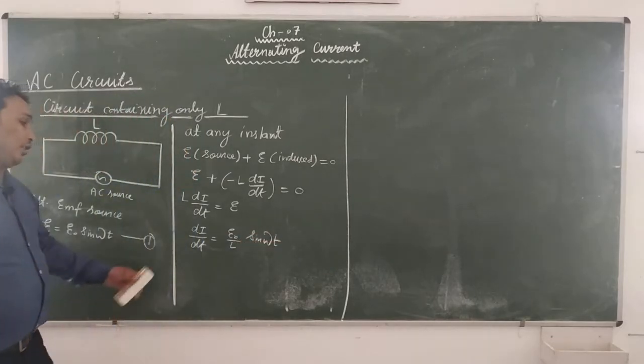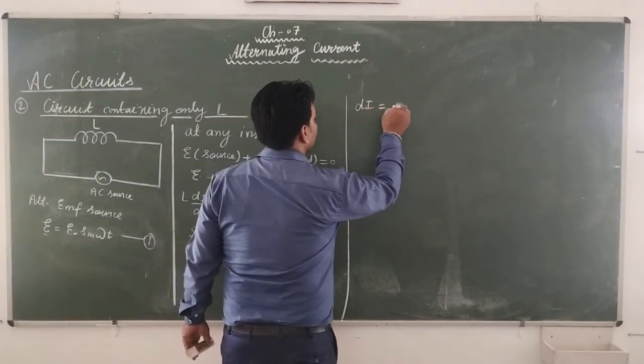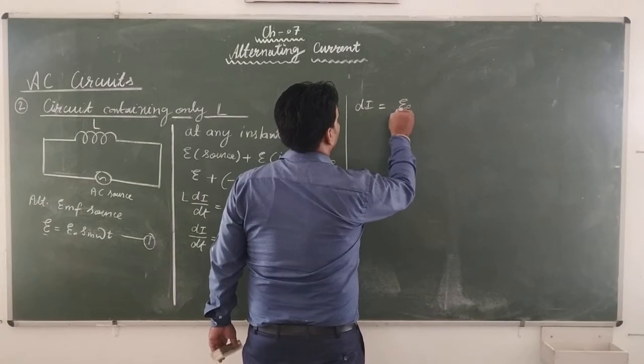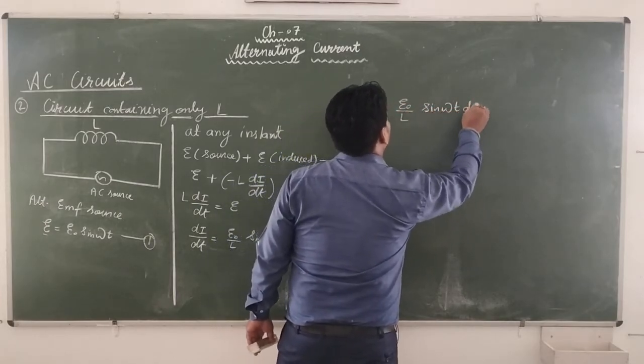Now dt is transferred to that side, we have di is equal to E naught upon L sin omega t dt.